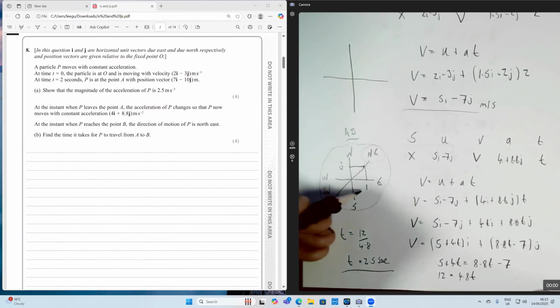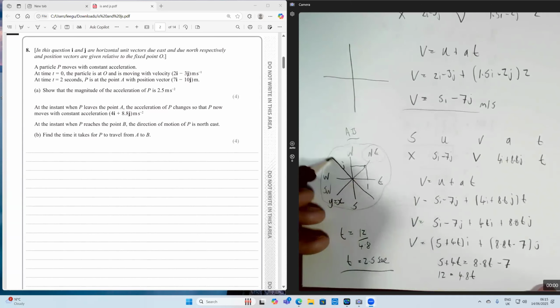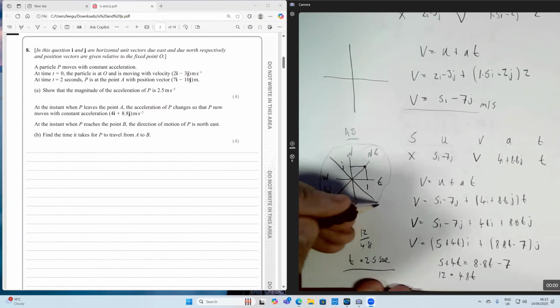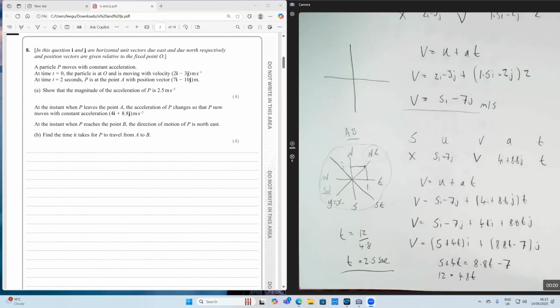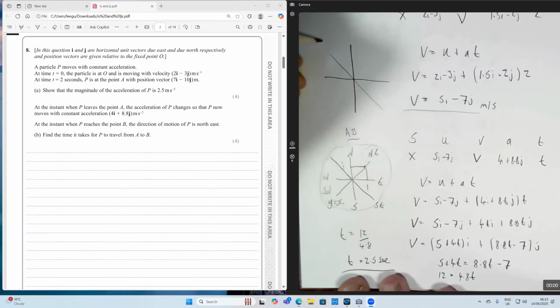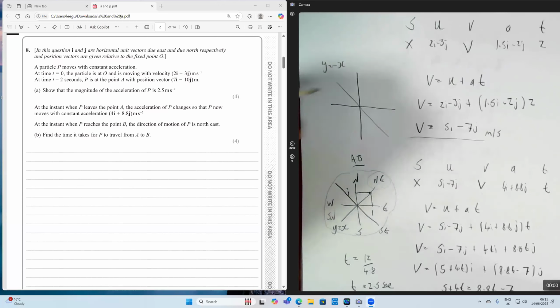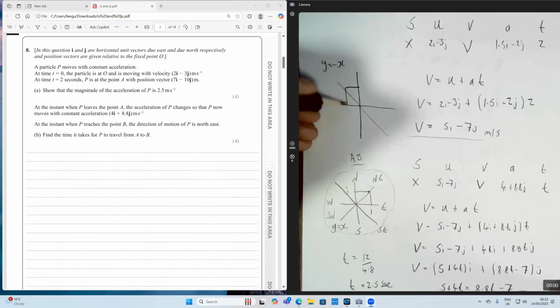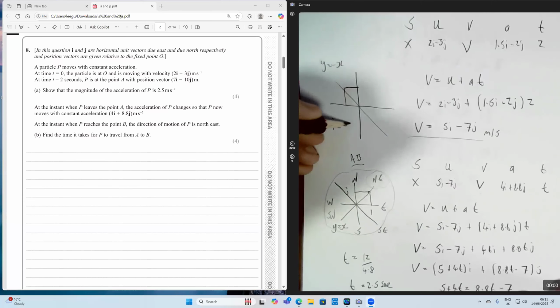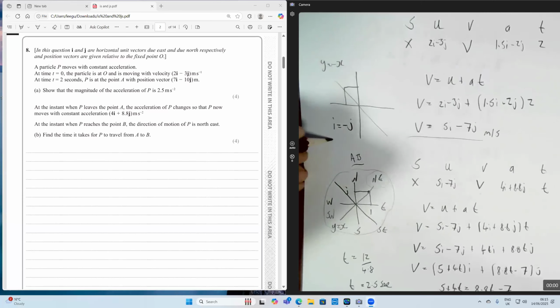Now, another variant of this question is where they say, let's imagine it's going in a southeasterly direction. If they say that, because it's lying along the line y equals minus x, you basically just set i equal to minus j, or minus i equals j. You make one of them negative.